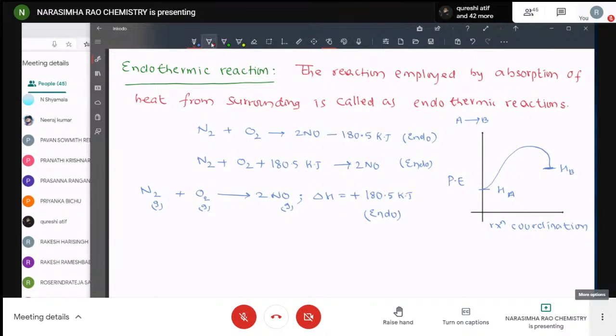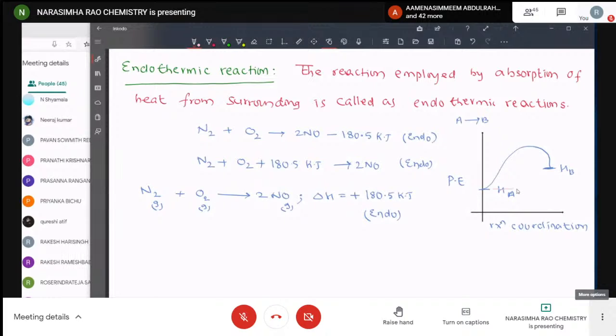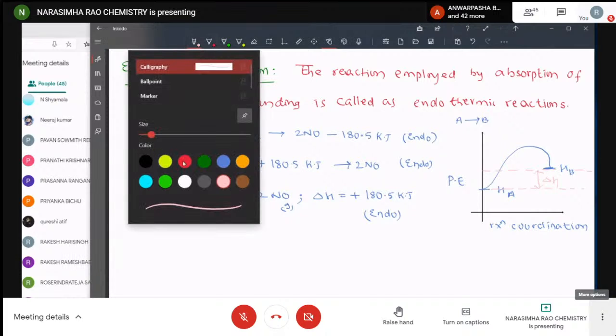What did you observe here? The energy difference between these two. This is the energy of A. This is the energy of B. The difference between these two energies is taken as delta H. It's clear now?